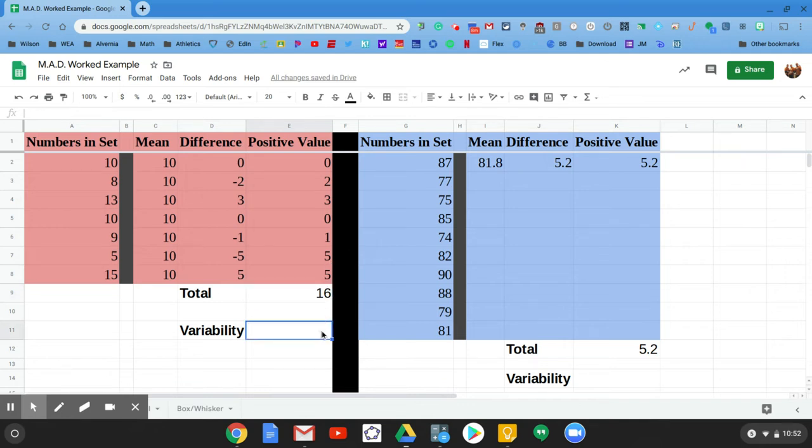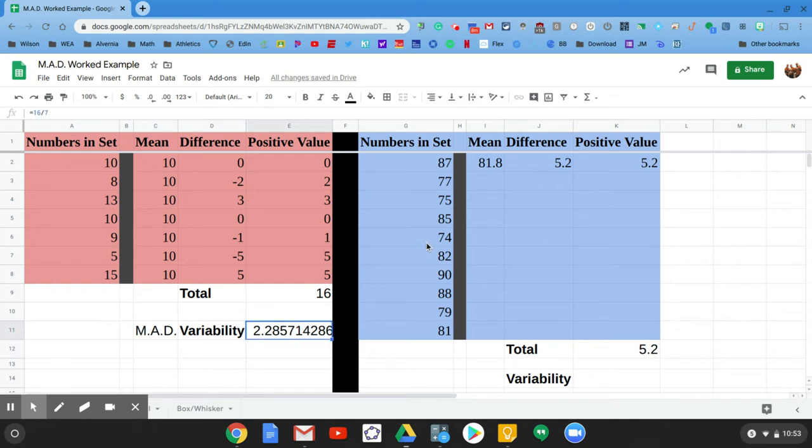And then we have to find our variability in the end, so I'm going to take that 16 and divide it by however many numbers are in the set again. There are 7 numbers in the set. I divide it by 7, and I get a variability, or a mean absolute deviation, which these words are interchangeable, of approximately 2.28 or 2.29.